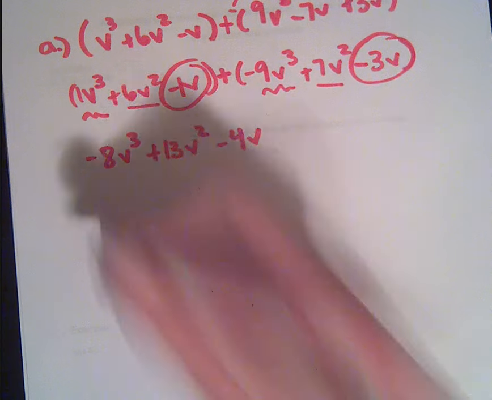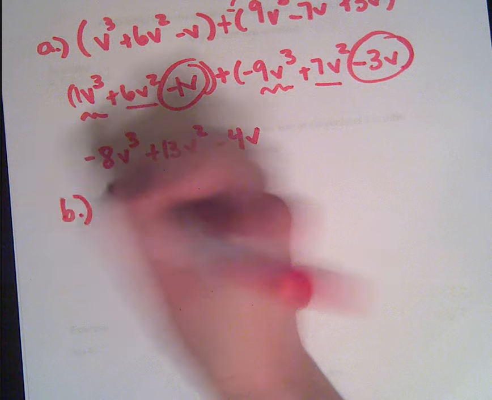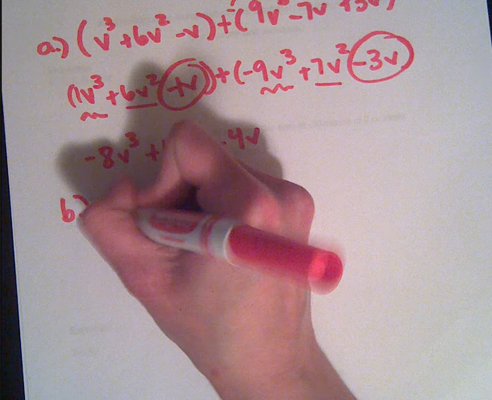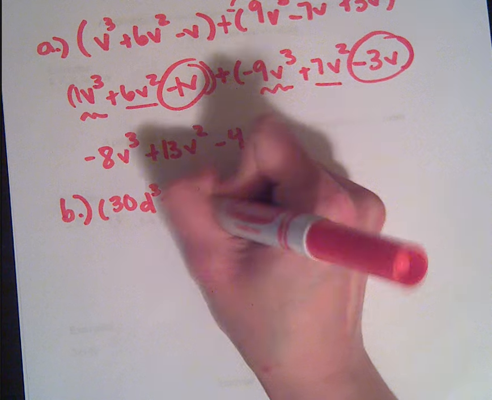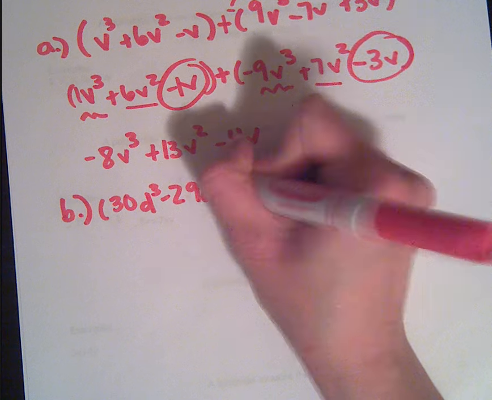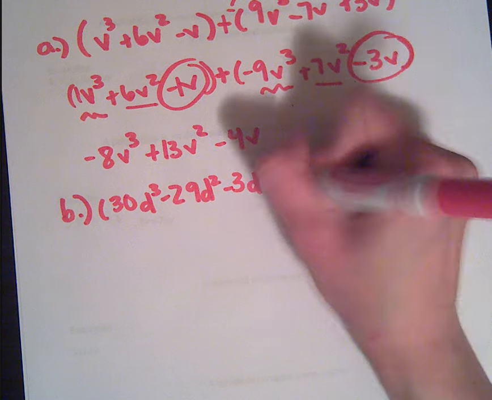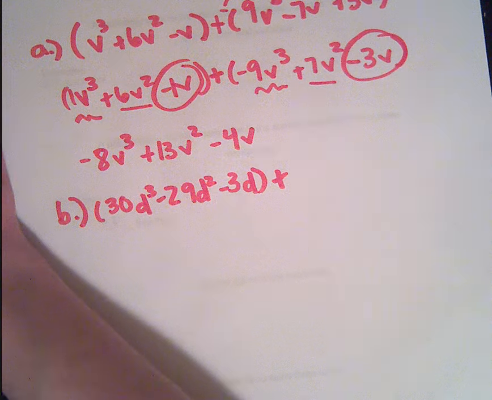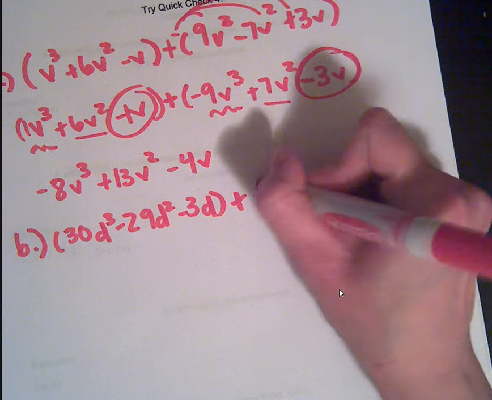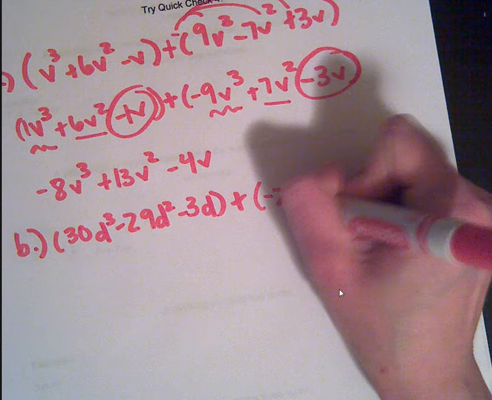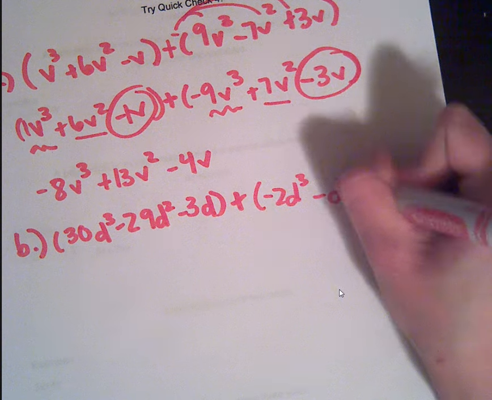Now when I do b here, I'm going to start off by rewriting it the way we should. For b, the first polynomial stays the same, 30d to the third minus 29d squared minus 3d. But now I'm going to change that to plus, and then it's going to become negative 2d to the third minus d squared.